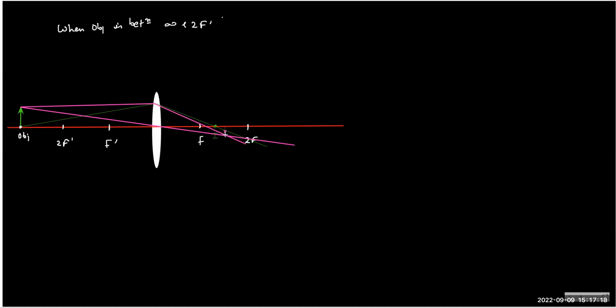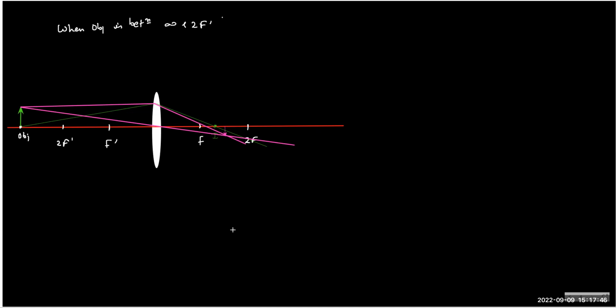So you can see the image has become certainly bigger than before, right? It's slightly bigger now. The central ray will go undeviated. That is the only thing. But any ray other than the center will bend. Because we are taking both rays coming from the tip, these are not a parallel beam.